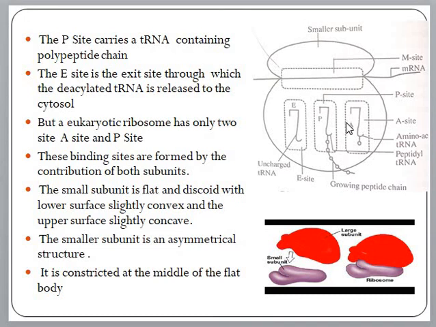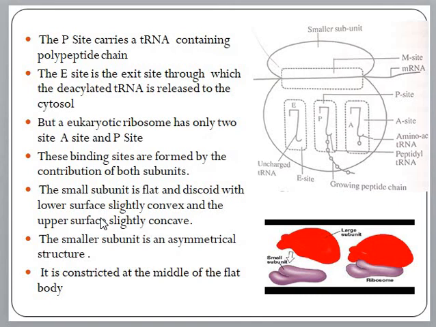So the A site carries an aminoacyl tRNA which is activated, and the P site carries the growing polypeptide chain. The E site is otherwise called the exit site, through which the deacylated tRNA, after giving the amino acid for protein synthesis, is released. But a eukaryotic ribosome has only two sites, an A site and a P site. Whether prokaryote or eukaryote, the binding sites are formed by the contribution of both subunits.